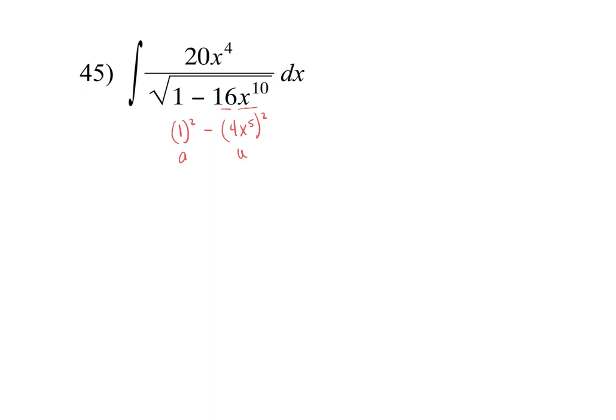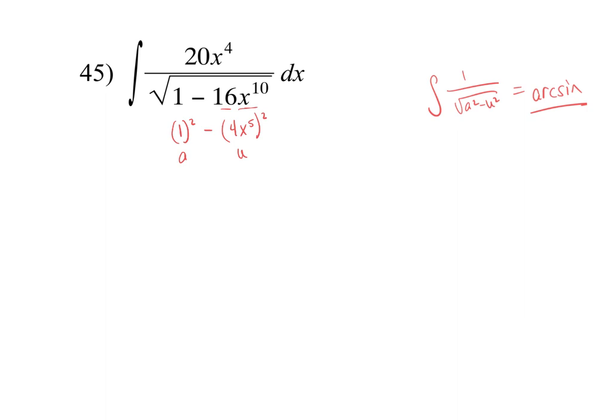The antiderivative of 1 over the square root of a squared minus u squared is going to be arc sine of u over a plus c. But in this case, a is going to be 1, so it's not going to make a difference.